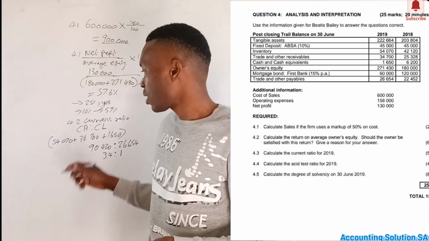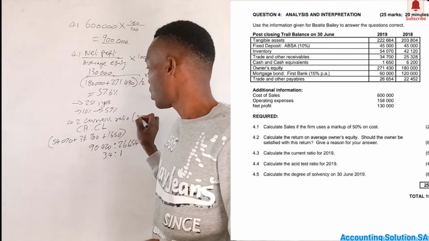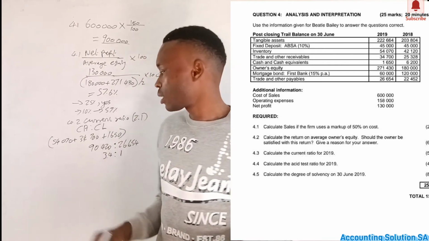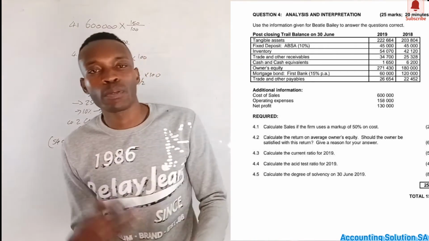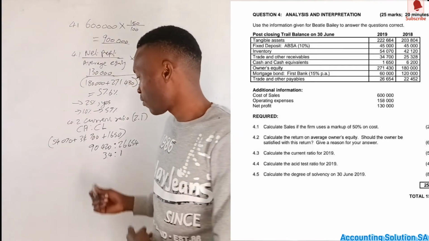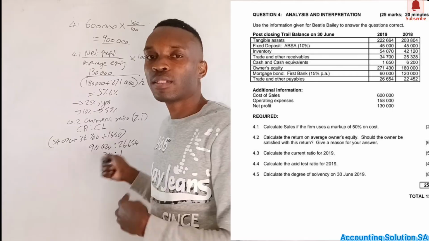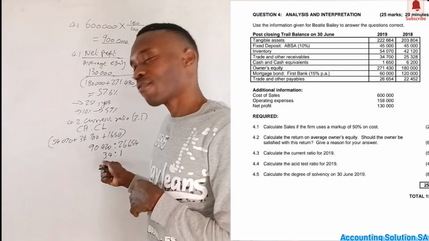Remember, a norm for the current ratio is 2:1, which means that yes, the company will be able to pay short-term liabilities, because this side is current assets and this side is current liabilities, which means the company has more assets.